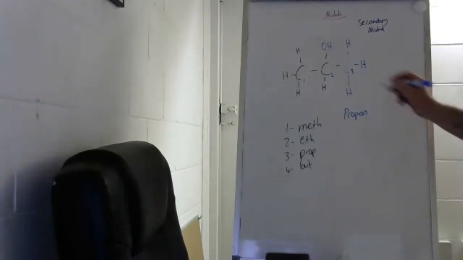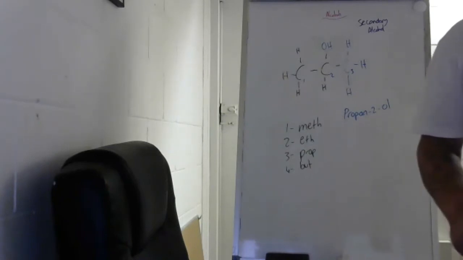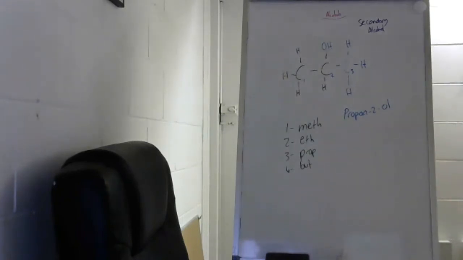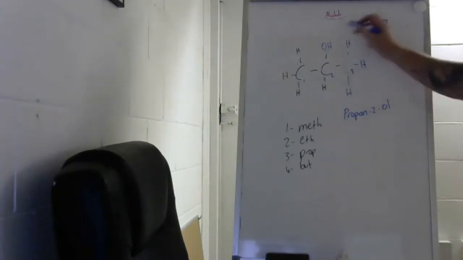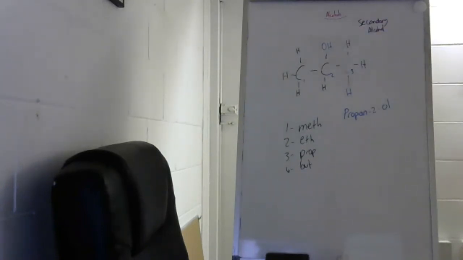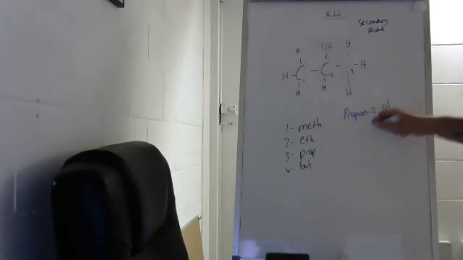So we call this propan-2. When we're naming secondary alcohols, we count the carbons from the end that will give this the lowest number. We name the backbone, so propan-2, and it's an alcohol, so we call it -ol.